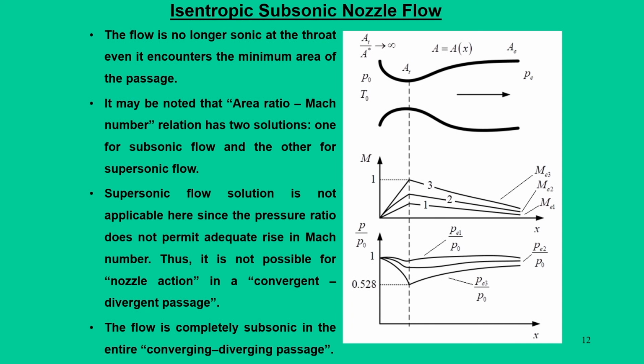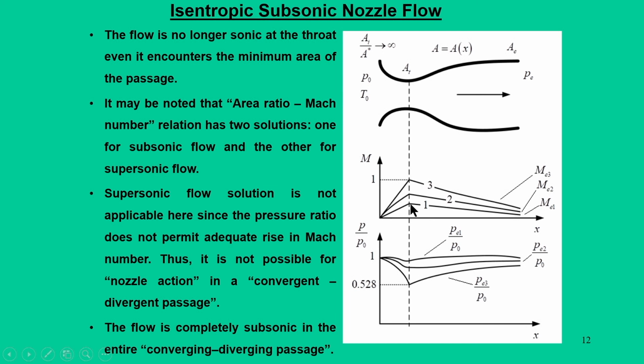When you have this, some flow enters into this passage, and by looking at the area Mach number relations, it follows this particular path. The Mach number increases continuously up to the minimum area, because this flow is subsonic, but interestingly it is not sonic.